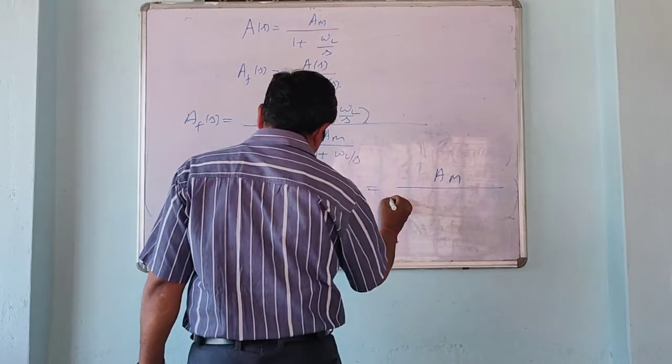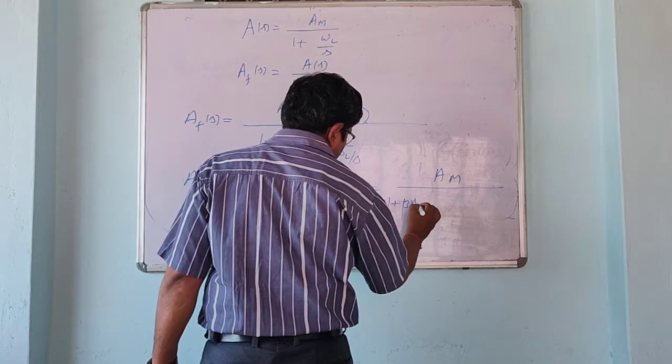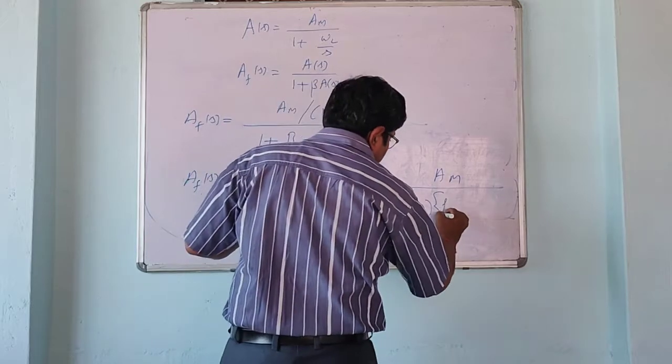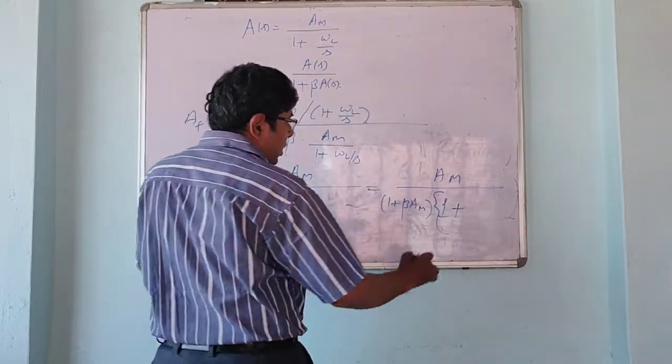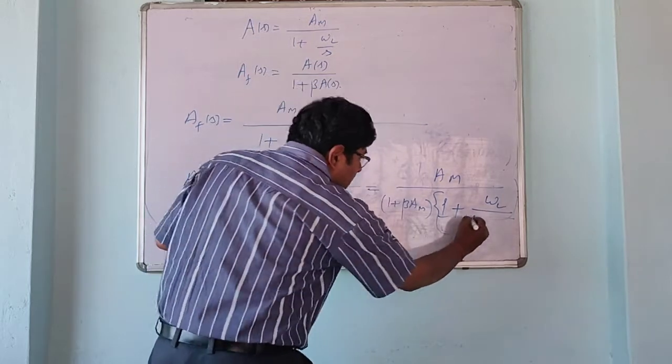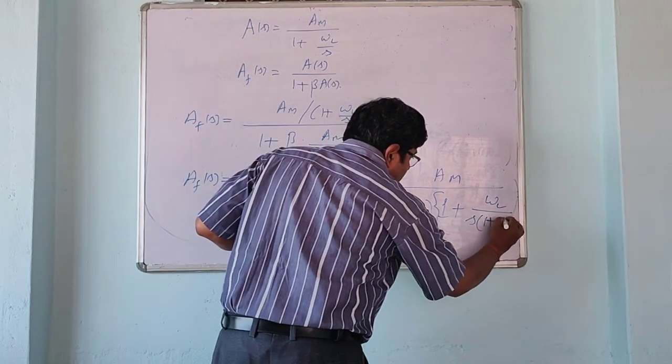If we take 1 plus beta AM common, the remaining part is 1 plus omega L upon S times 1 plus beta AM.